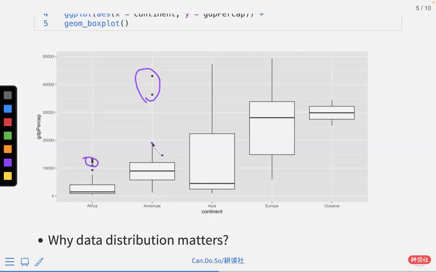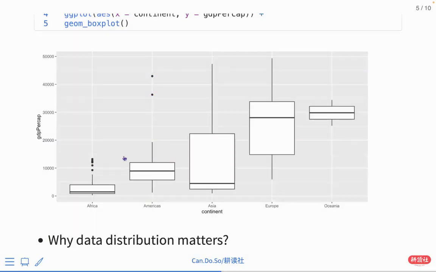You see this part goes as far as 1.5 times this box. So if there is some data greater than that, or extremely smaller, it will be shown as outliers.